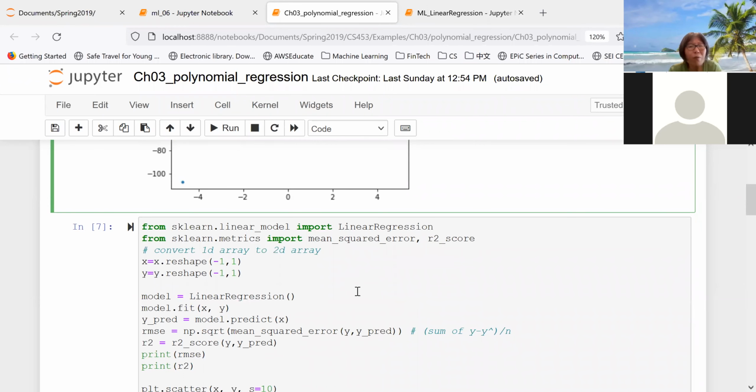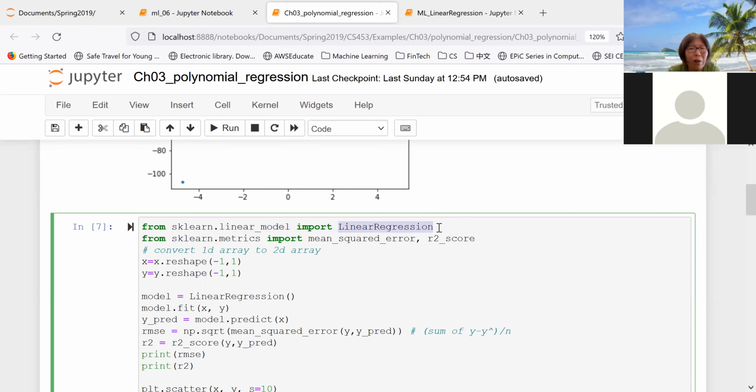For polynomial data, how do we also borrow linear regression? Here we also introduce two other metrics: one is the mean square error, and the other is the R2 score.